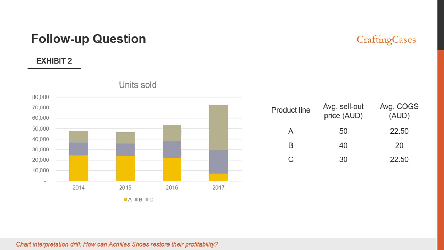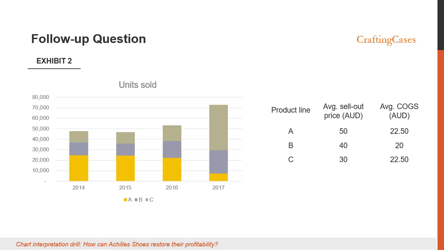So in this exhibit, we can see a clear change in product mix. What used to be over 50% of our sales in units, product line A, is now around 10%, and product line C, which was around 20% of our sales in units, now represents more than 50% of them.